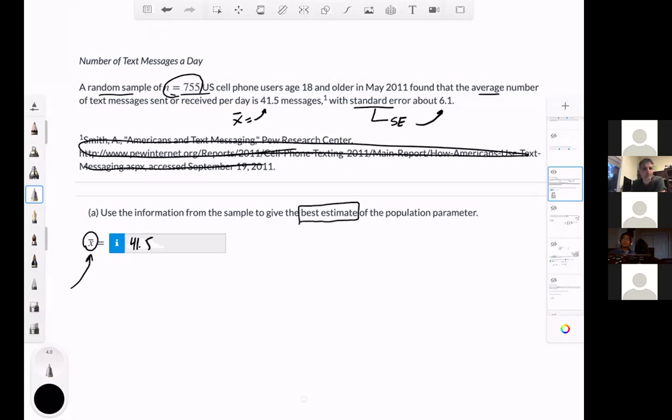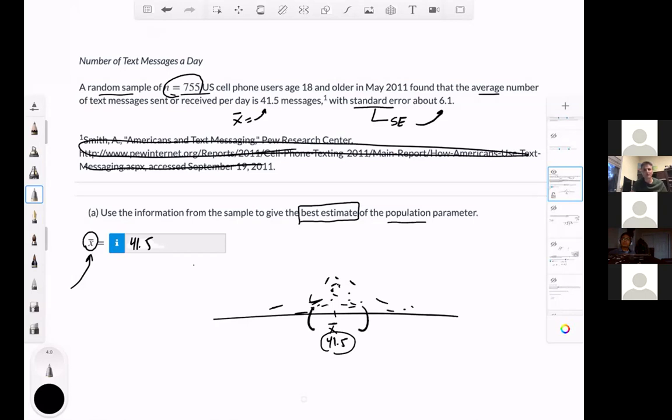This is the best point estimate for the population parameter. So X bar is 41.5. We have the sampling distribution and would like to make a decision for the population. We cannot say 41.5. We're gonna make an interval to say, 95% sure they are between these points. All right? So A is that.